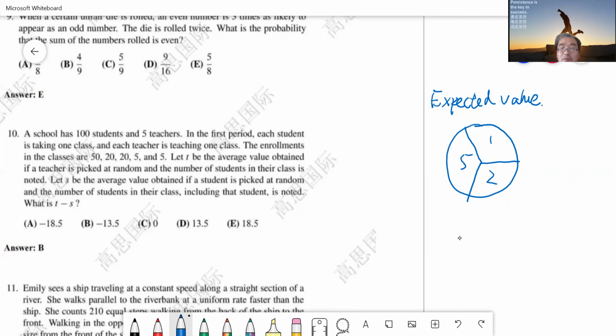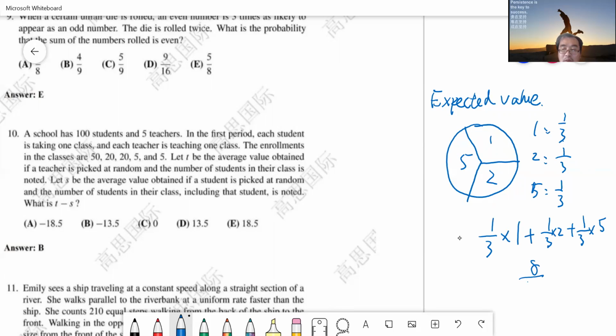For 1 we have a 1/3 chance, for 2 a 1/3 chance, for 5 a 1/3 chance. So the expected value is 1/3 times 1, which is its contribution, plus 1/3 times 2, plus 1/3 times 5. Basically that's going to be 8/3.